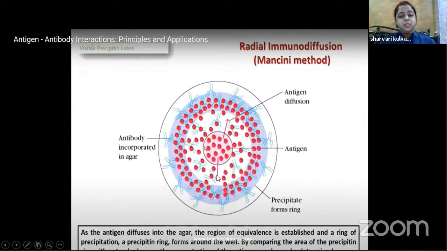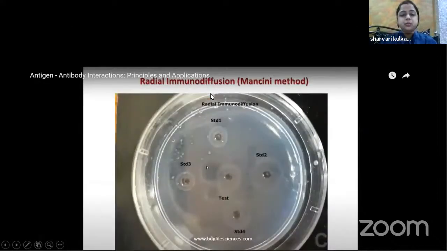So radially it will be diffusing and it will meet the antibody which is incorporated in the agar. Again, the similar concept: the place in the agar where the concentration of antigen is equivalent to antibody, there will be formation of a precipitation ring. So this ring is like the equivalence zone. This is the way it is performed in a plate.